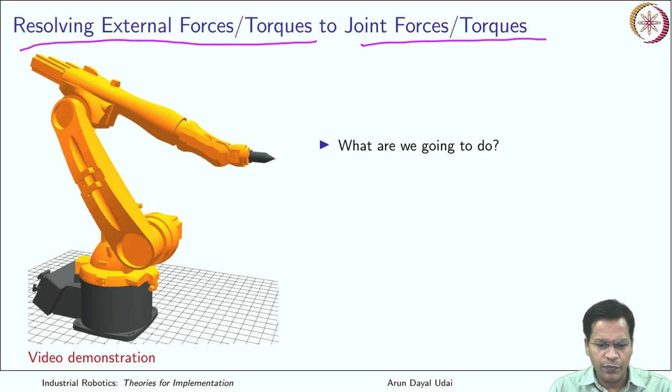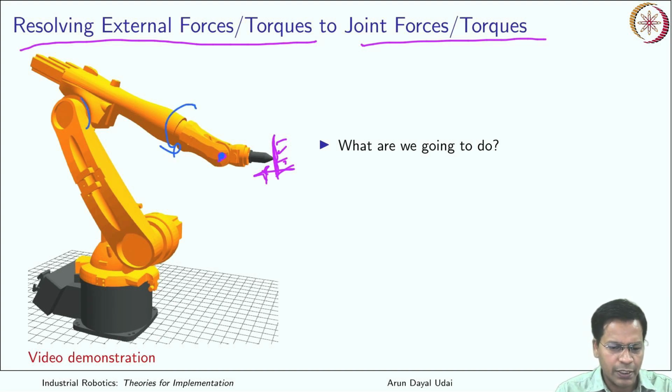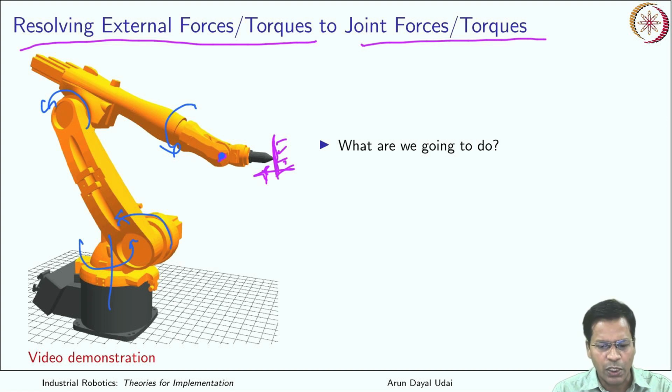Okay, so if it makes contact over here at the tip of your robot, this reaction force that is here will create some torque at each of the joints. So all the joints will see some sort of torque that comes due to the force that acts at the end effector.